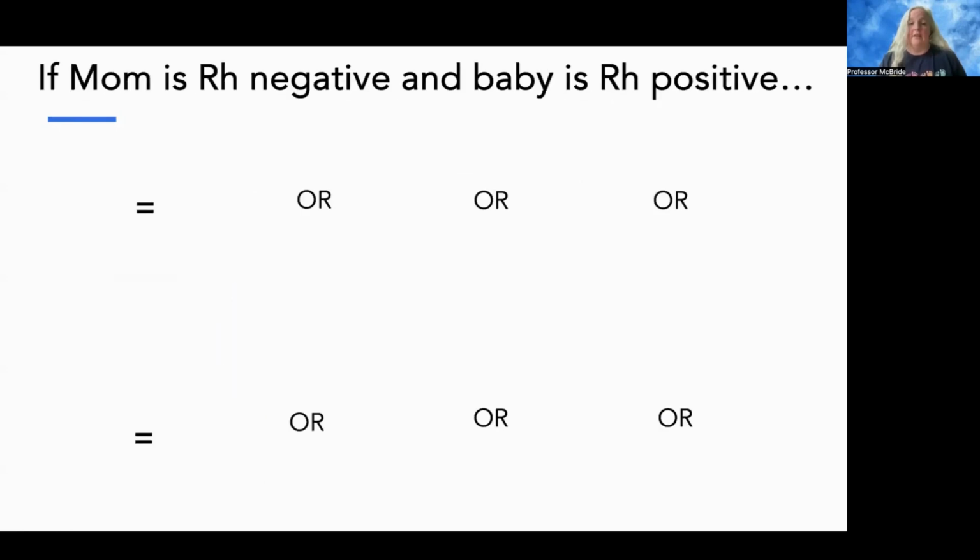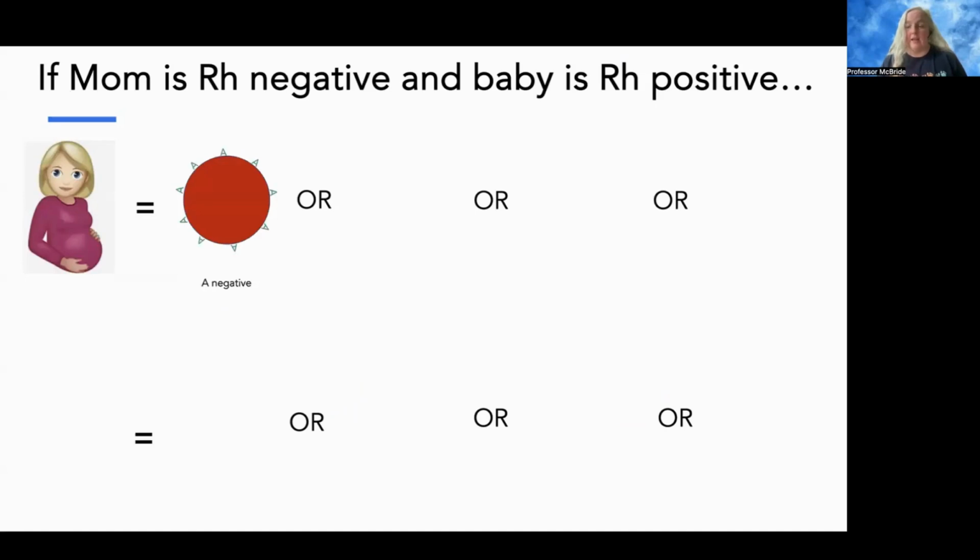So how this works for Rh incompatibility. If the mom is Rh negative, she can be A negative, so she has an A antigen and no Rh factor. She could be B negative, have the B antigen and no Rh factor.